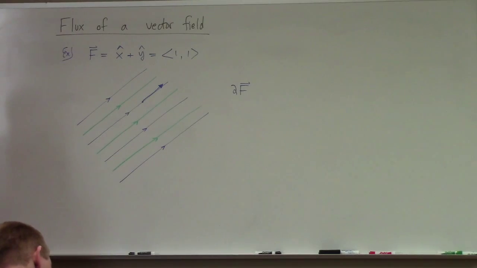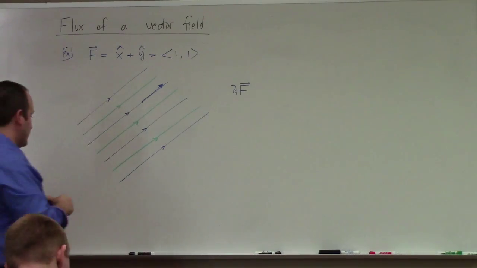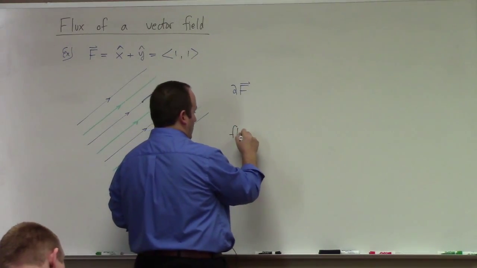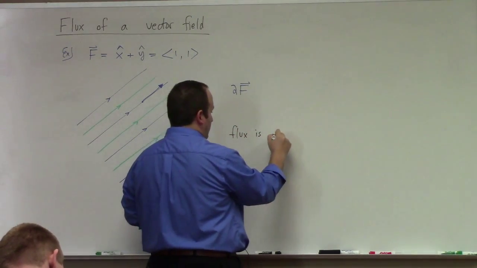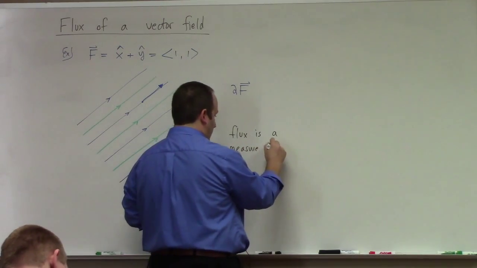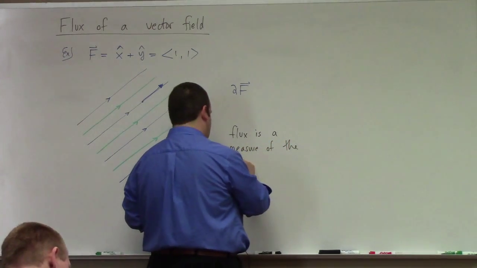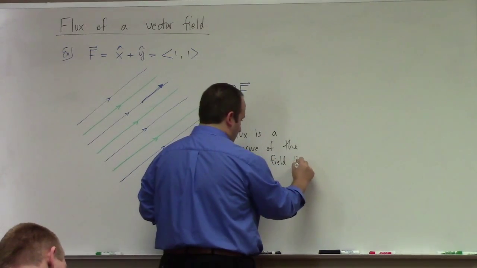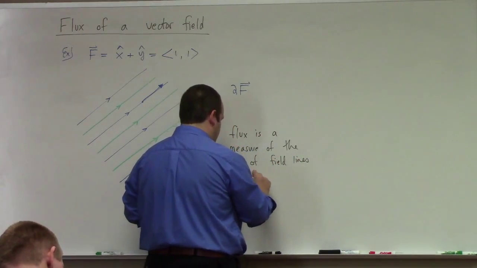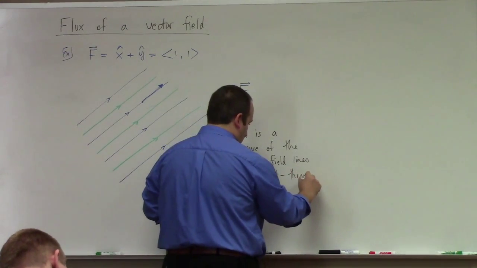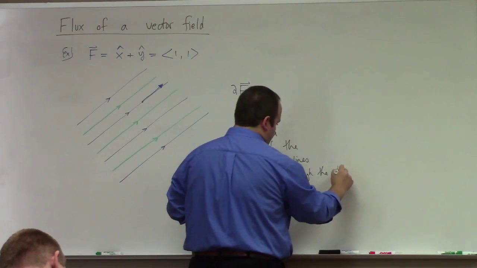So how do you define what flux is then? Flux is a measure of the number of field lines that cross, or let's say cut through, the object.